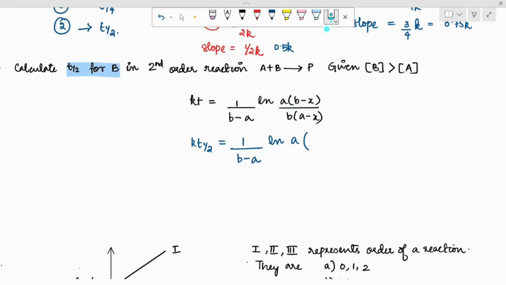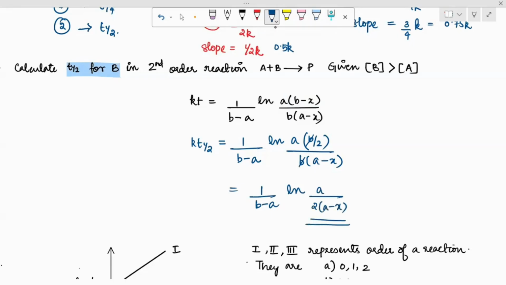And hence we will put our equation over here. We'll substitute the value of B by 2 over here divided by B minus A minus X, which is the final concentration. Correct. That's it. B and B gets cancelled. What you have is 1 by B minus A ln of A by 2 into A minus X is the equation.